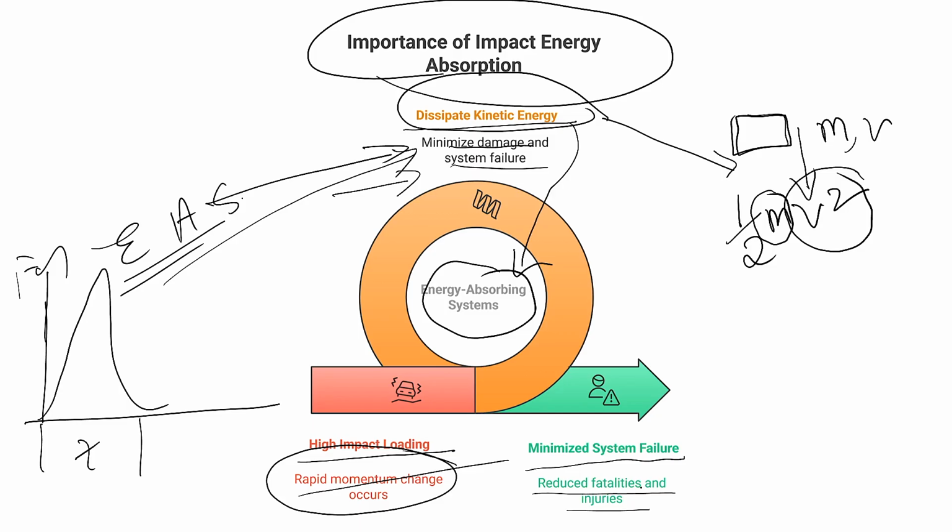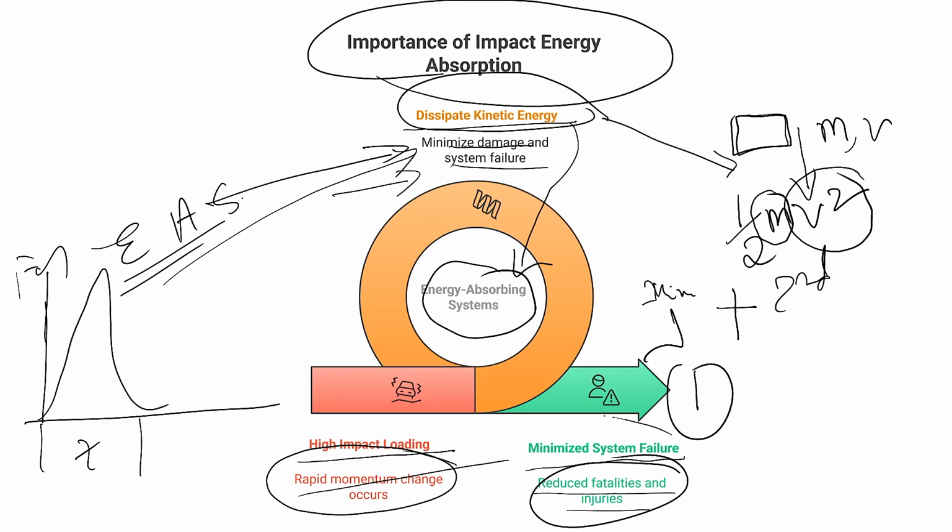As we saw last time, the first goal was minimizing the injury, the second goal was to reduce the system damage, and the third goal was to reduce the damage to the peripheral systems. This is the principle on which the design of the energy absorption system is based.